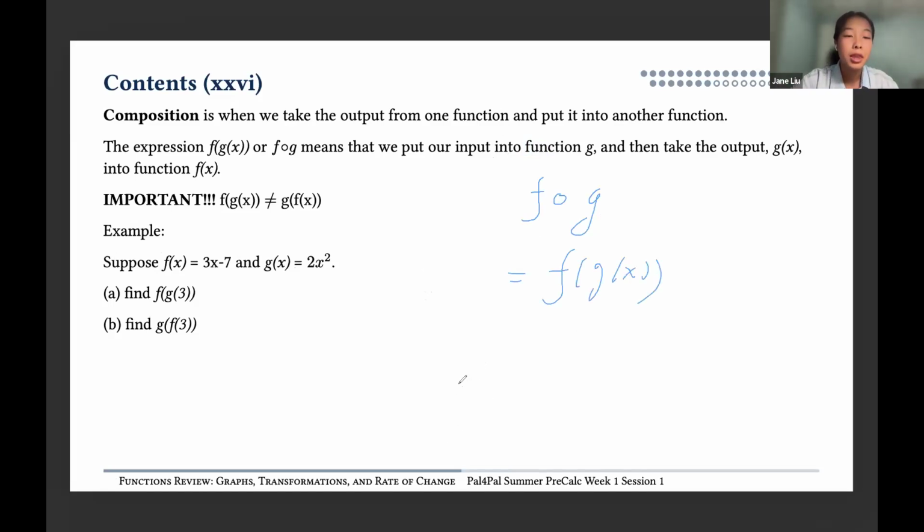and then get the output from function f as an input for function g and get the output for that. An example would be: suppose that function f is equal to 3x minus 7 and function g is equal to 2x squared.